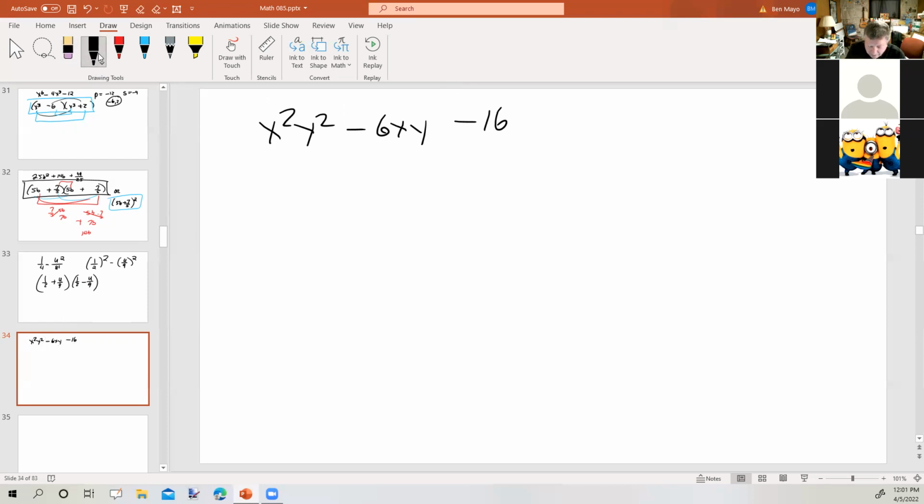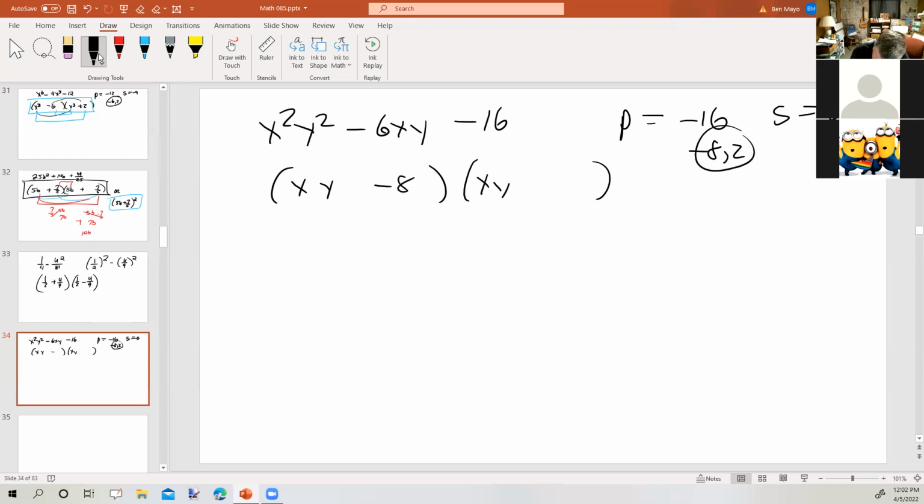There's no greatest common factor. It's not a perfect square, and the leading coefficient is a 1. So it's going to look like this. Product is -16. Sum is -6. -8 and plus 2.